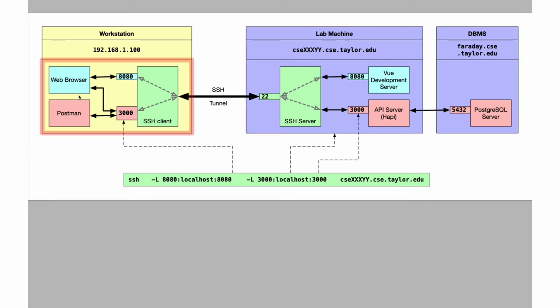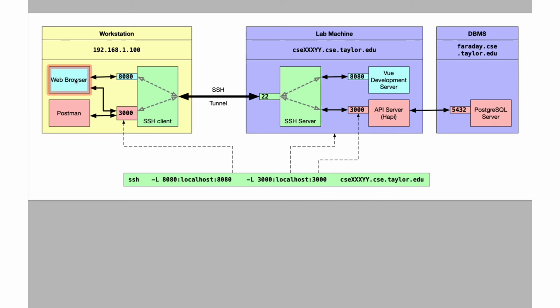So for example here, if we're looking at the web browser running on our local machine on our workstation, I'm assuming we've already made a connection using SSH to a lab workstation, and we've also told this SSH client we want to forward anything from port 8080 to the other side of the SSH connection. So I've indicated that here by showing the SSH client that we're running on our workstation is now listening on port 8080.